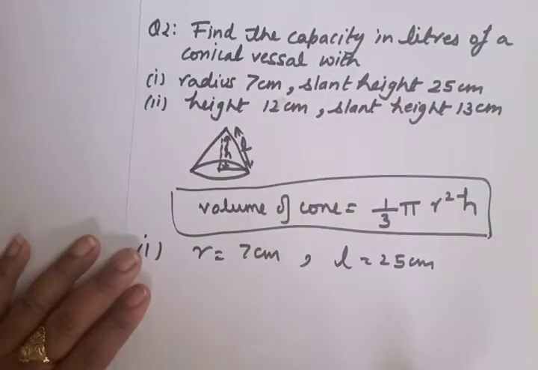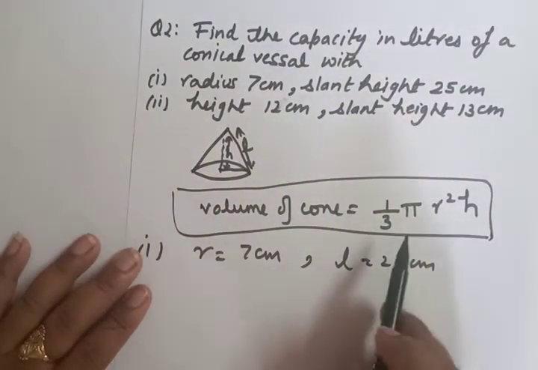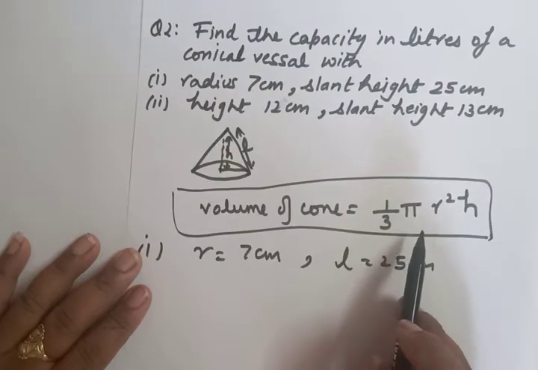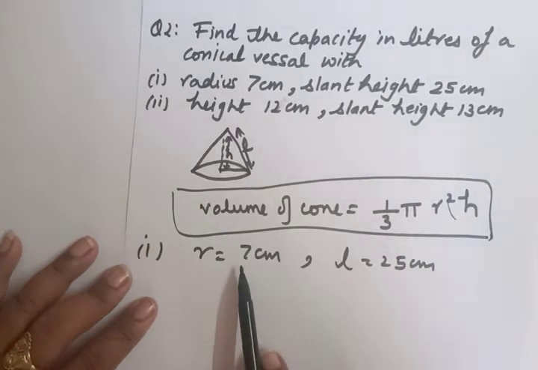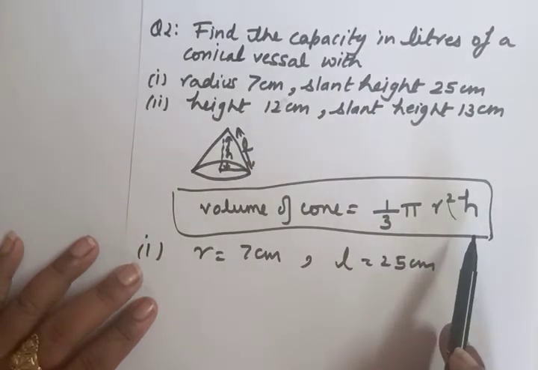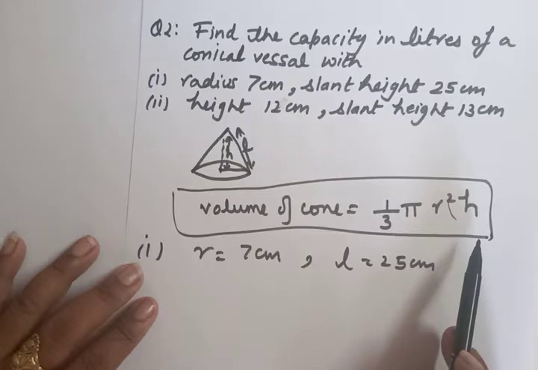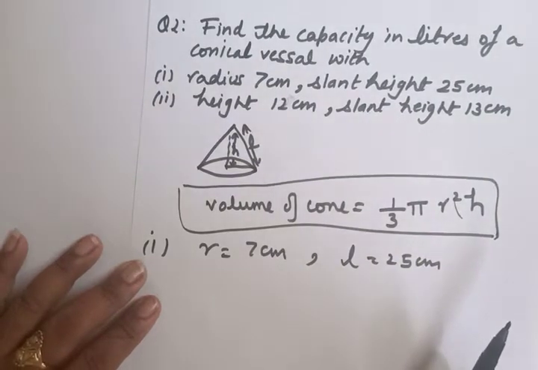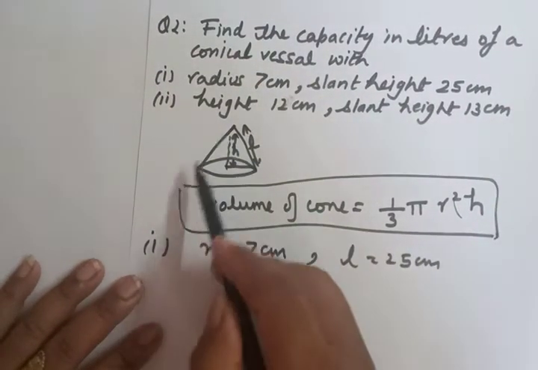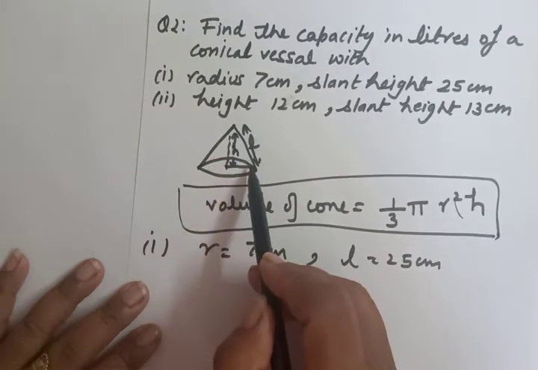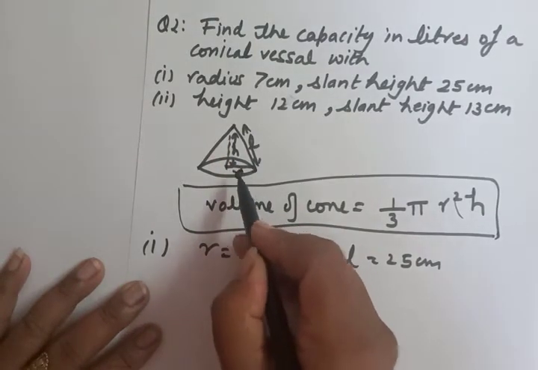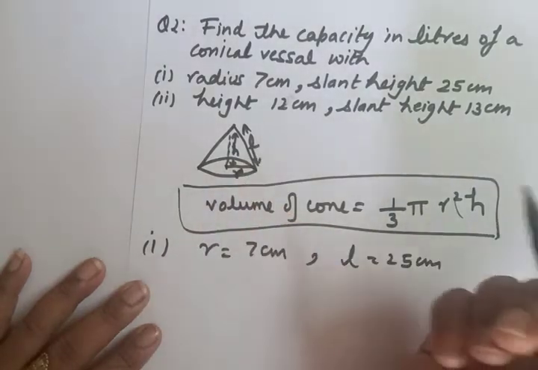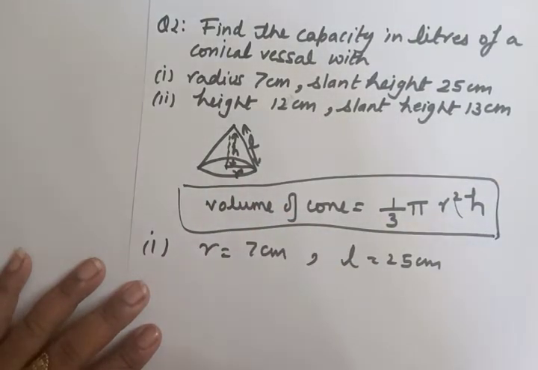Now if we see the formula, we need a height, but in our very first part the height is not given to us, so we need to find out the value of height. As I already told you in my previous video, a regular cone forms a right triangle, and the relation between r, h and l can be found using the Pythagoras theorem.